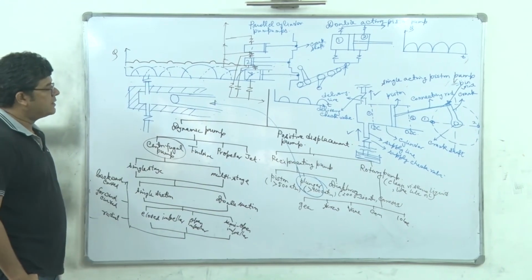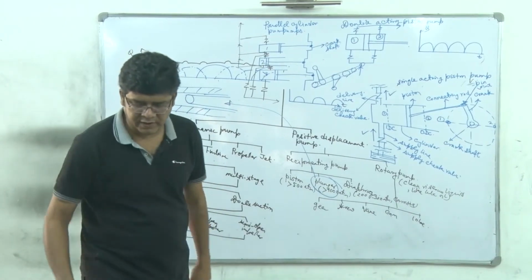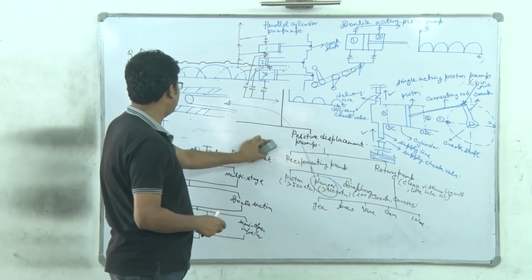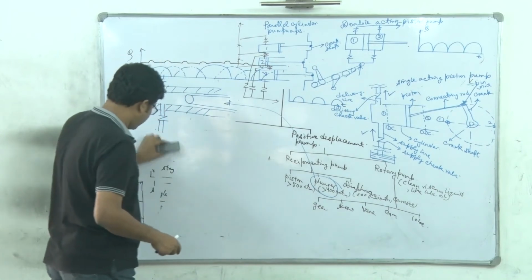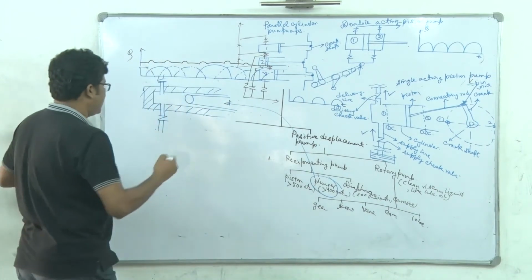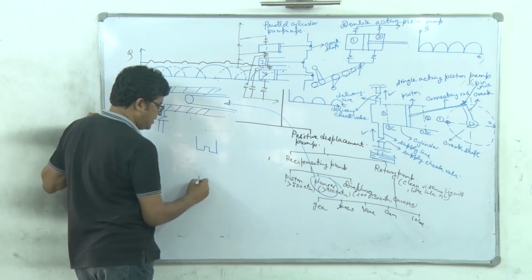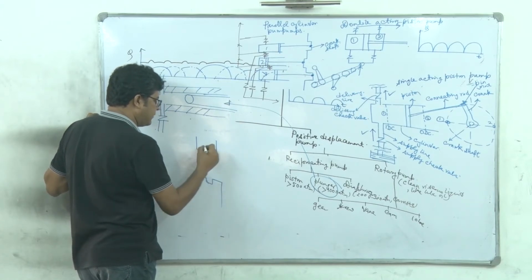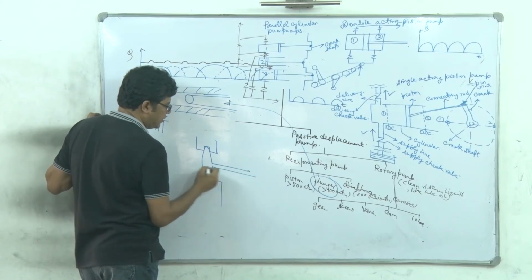Okay. Now the diaphragm pump is the same as this reciprocating piston pump, but here the edges of the diaphragm are fixed. Like if I have a groove like this, and here also a groove, in this groove I will fix a diaphragm, and on this side it is connected to the piston rod.